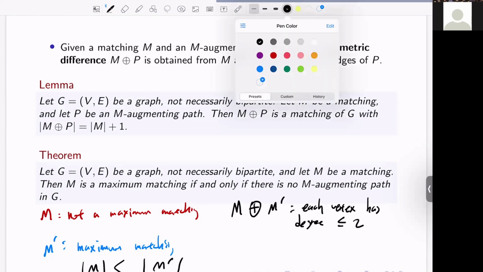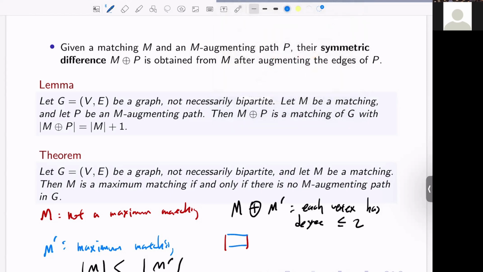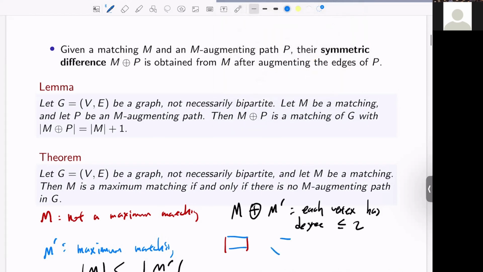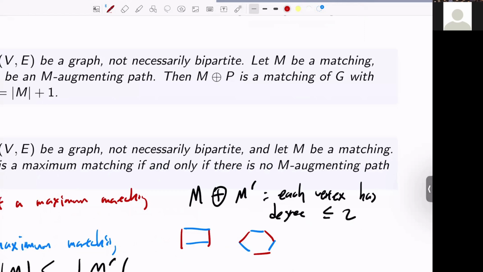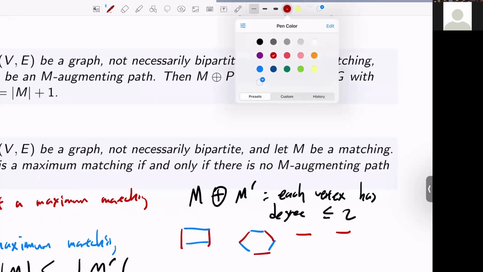In fact, each cycle and path has to be alternating, so you have a structure like this. Also, you cannot allow an odd cycle because it has to be an alternating structure. So every cycle has to be even, but it can have paths of arbitrary length.